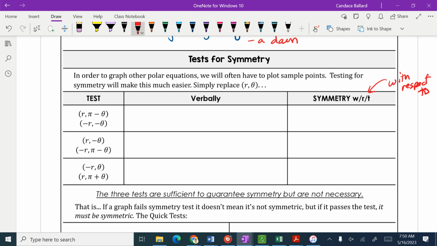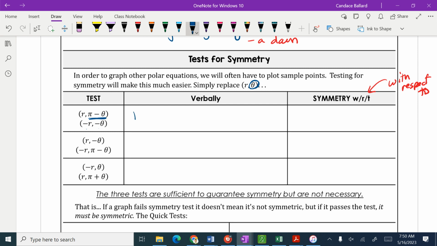With respect to the x-axis, with respect to the y-axis when we were doing volume. So one thing we can do is replace theta with pi minus theta, and we end up with a negative r and a negative theta. This is what we're replacing with, and this is what the answer would look like.